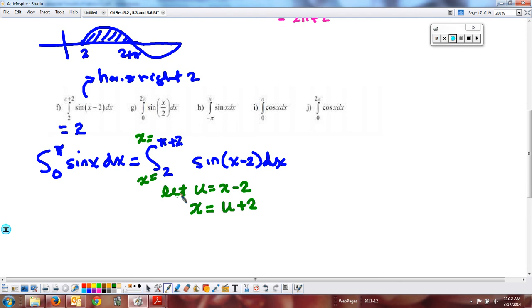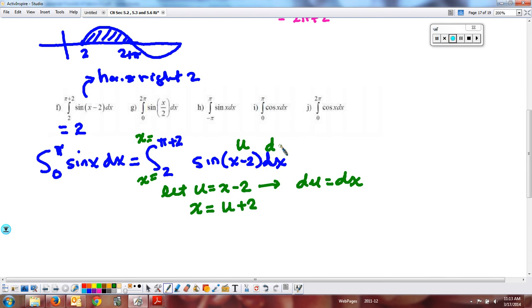And if x is u plus 2, you can think of this as changing your variable. I want to evaluate this as sine of u, and then, of course, I've got to get rid of the dx. What's the derivative of u equal to x minus 2? It ends up being du equal to dx.